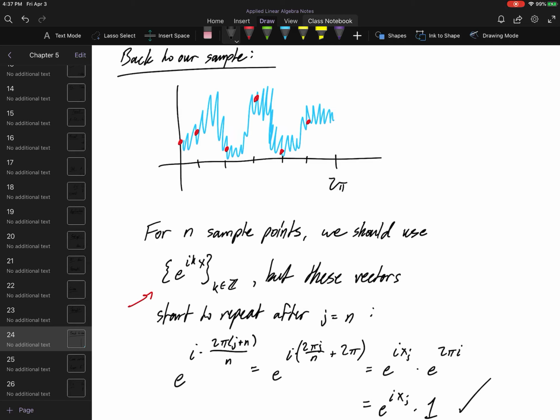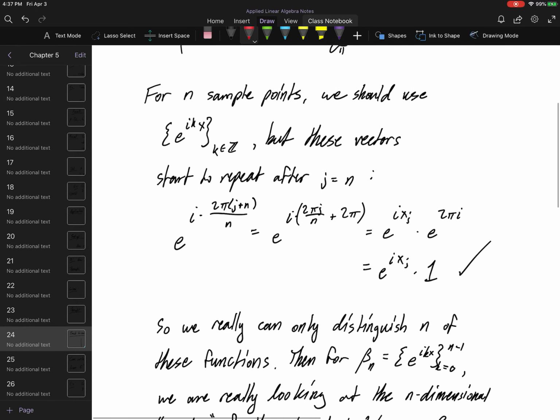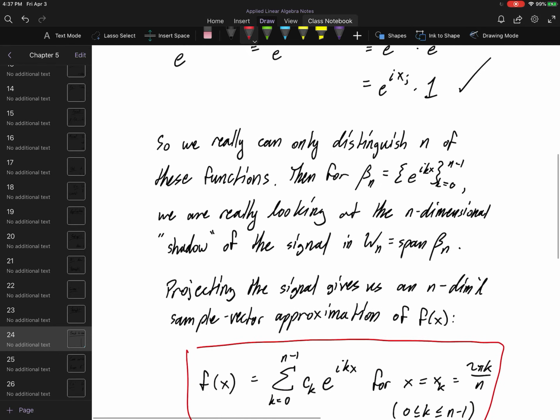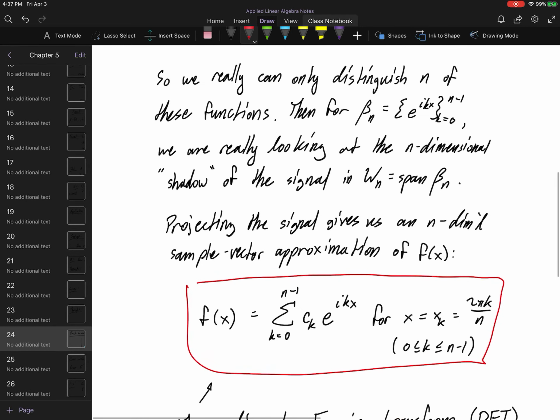So e to the ikx, and k is an integer. But these start to repeat after a certain point. Or maybe a j to match the other notation. But anyway, we're only going to need to use n of these because we're only using n sample points. So we really can only distinguish that.